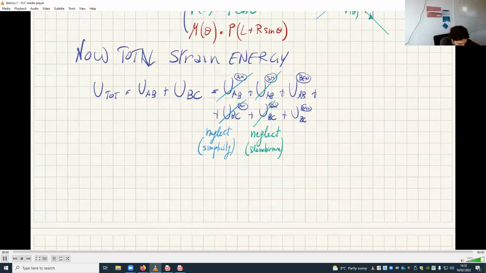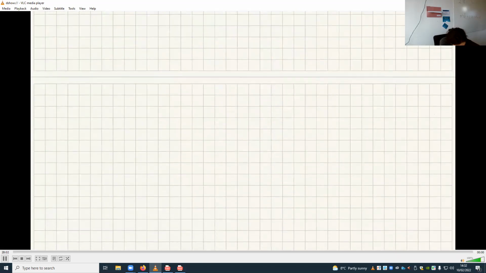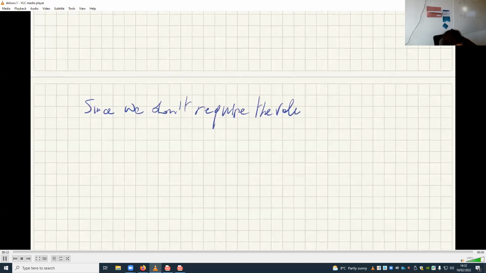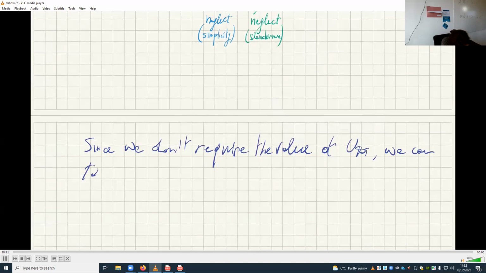So since we don't require the value of U total, we can take advantage of this simpler integration.